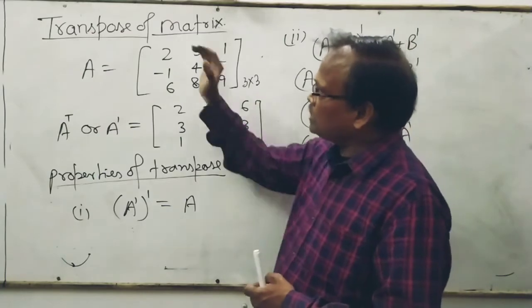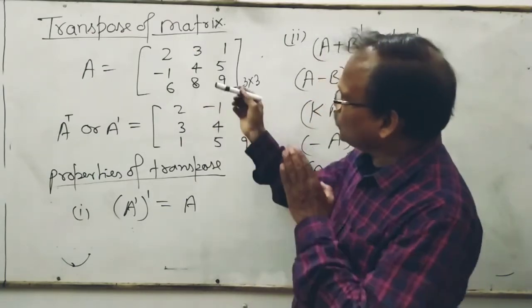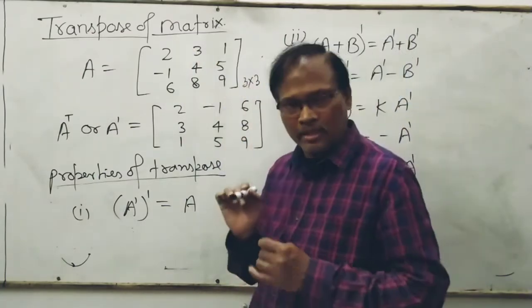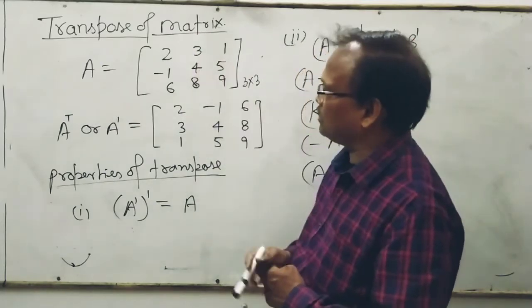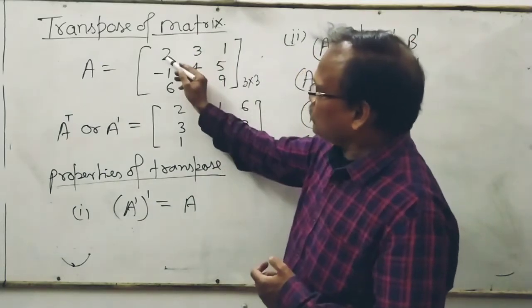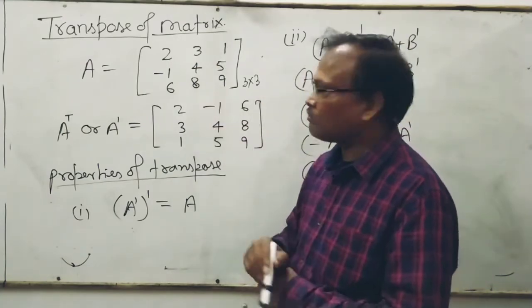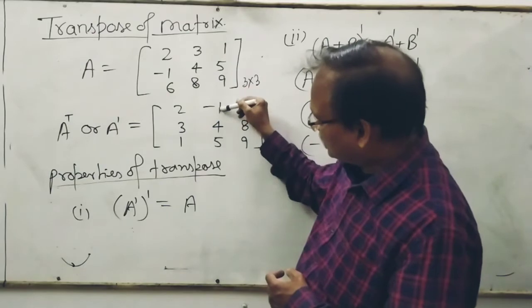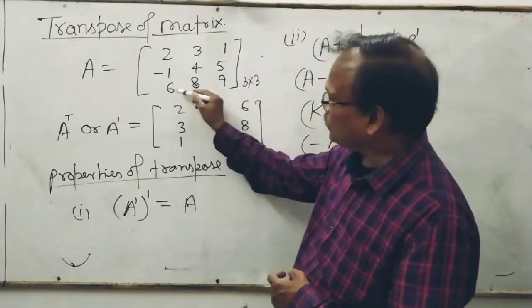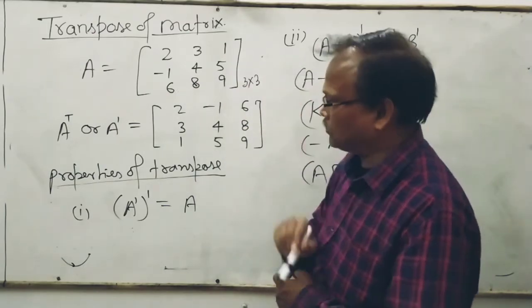Then what is the transpose? If you interchange the rows and columns, then 2, 3, 1, the row 1 will be changed into the column 1. The row 2 will be changed into the column 2. And the row 3 will be changed into the column 3.